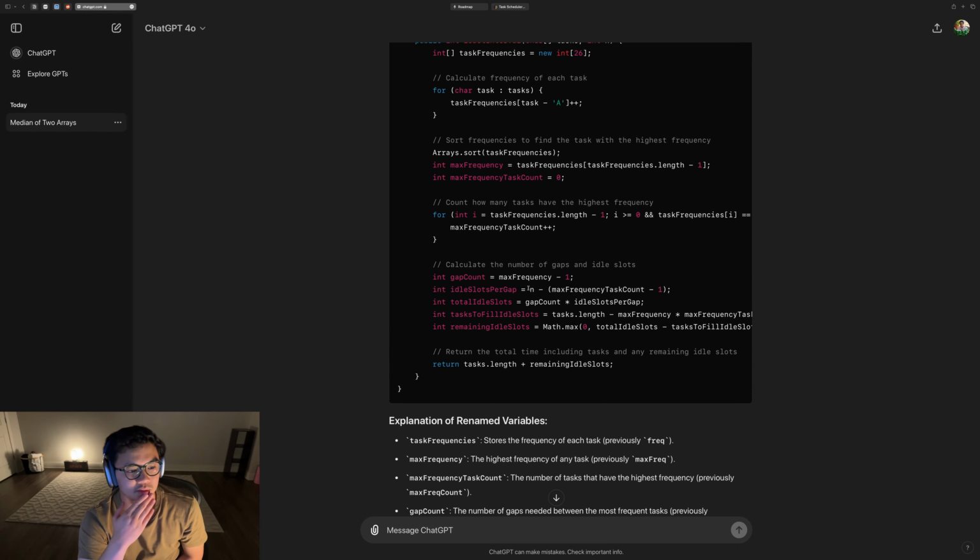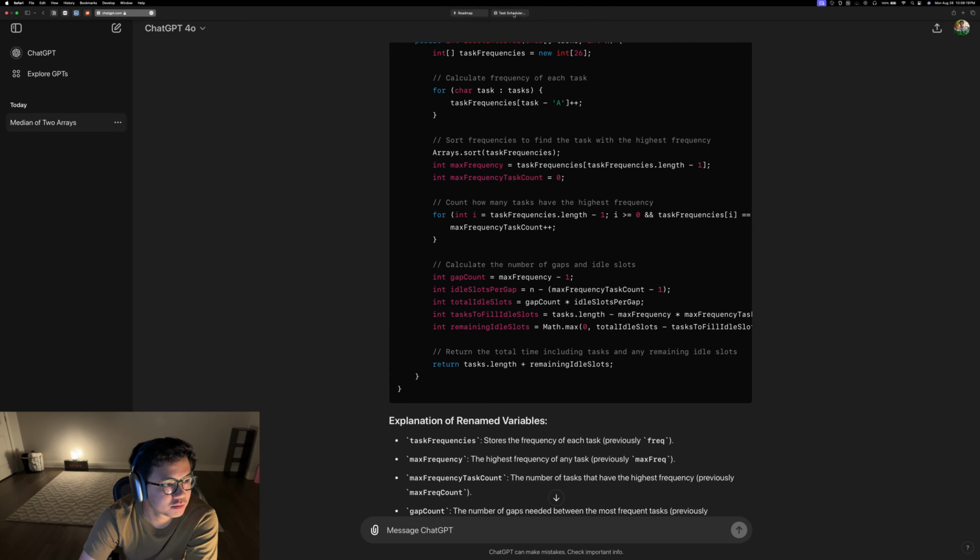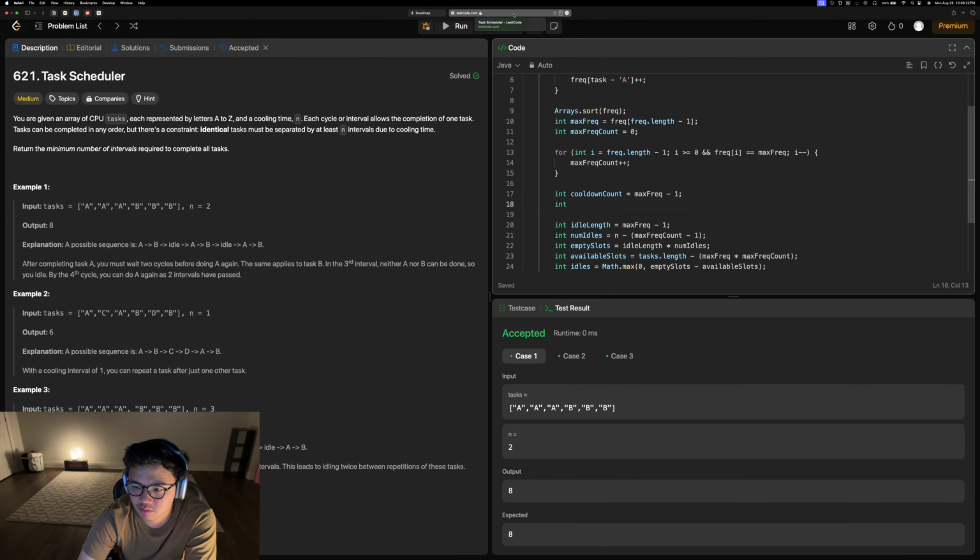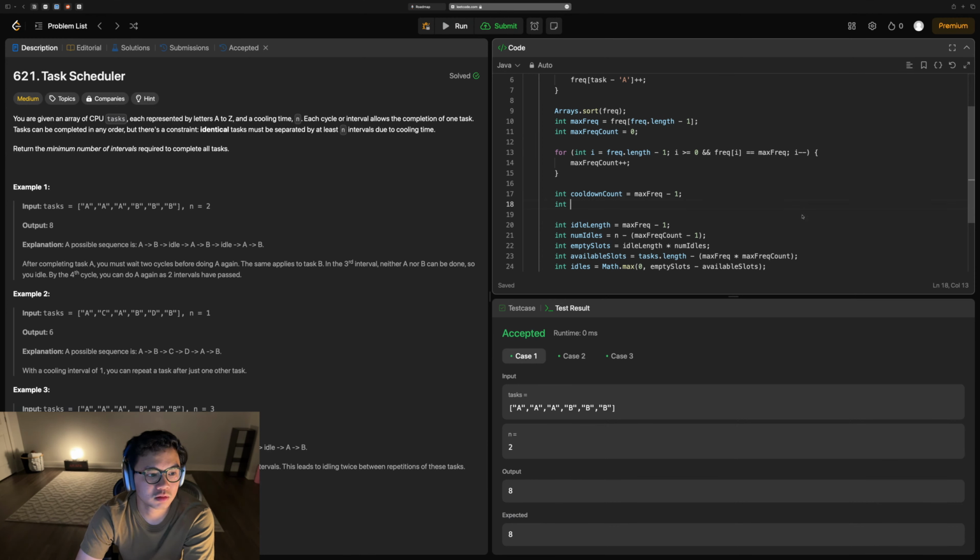N minus max frequency task. Okay. So we have the number of tasks that share the max frequency. Okay.